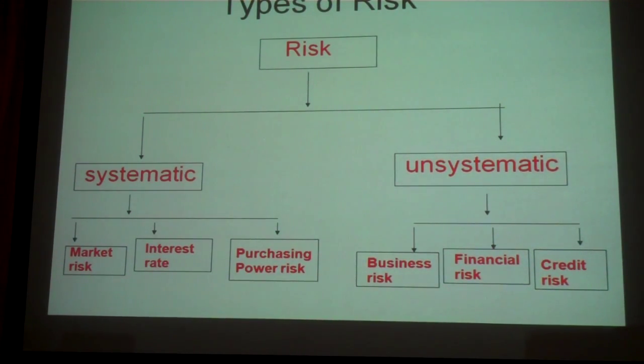Nowadays there is a chief risk officer also, right? CROs are there in companies. So just look at the examples and tell me whether you can tell me the difference between systematic and unsystematic risk.